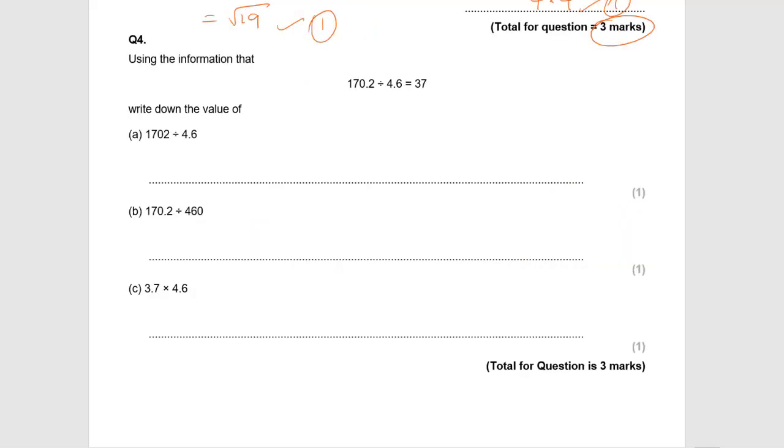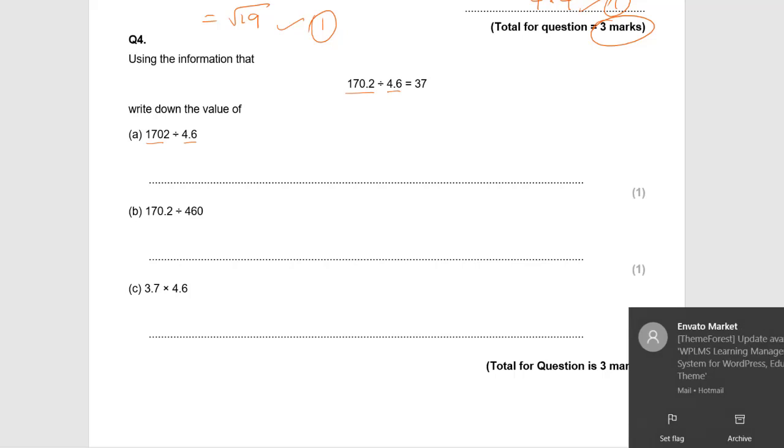Question 4. Using the information that 170.2 divided by 4.6 is equal to 37. Now when you get a question like this, have a look at the numbers, what is changing. Now this number has changed and this number stays the same. So the number we're dividing by has changed by times 10.